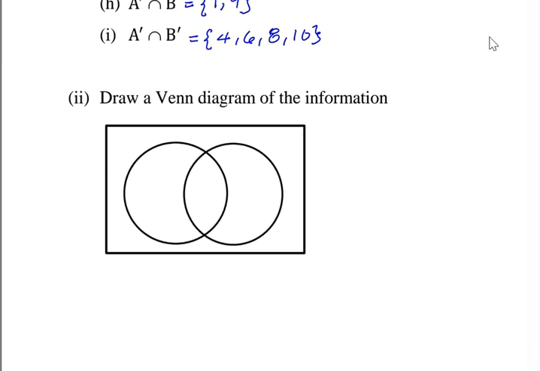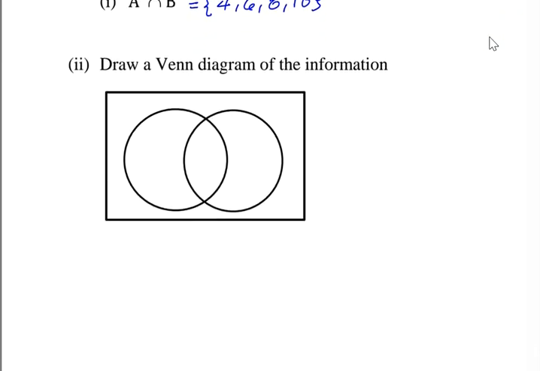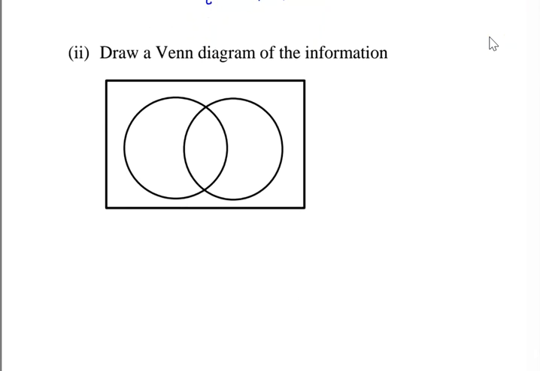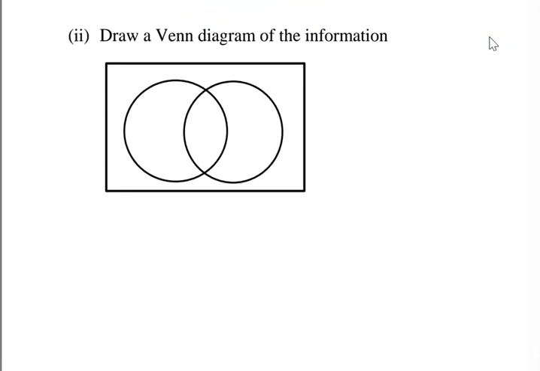Secondly, we're asked to draw a Venn diagram of the information. All right. So let's talk about the information again. We have U, and that's counting numbers 1 to 10. A is the set of prime numbers.